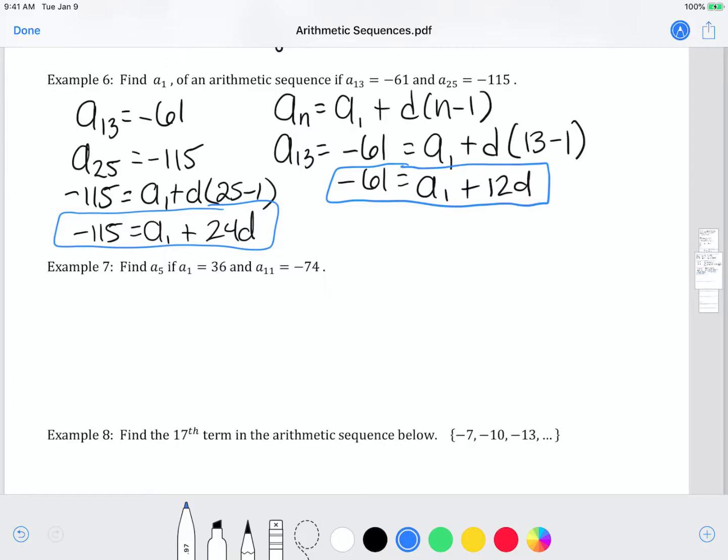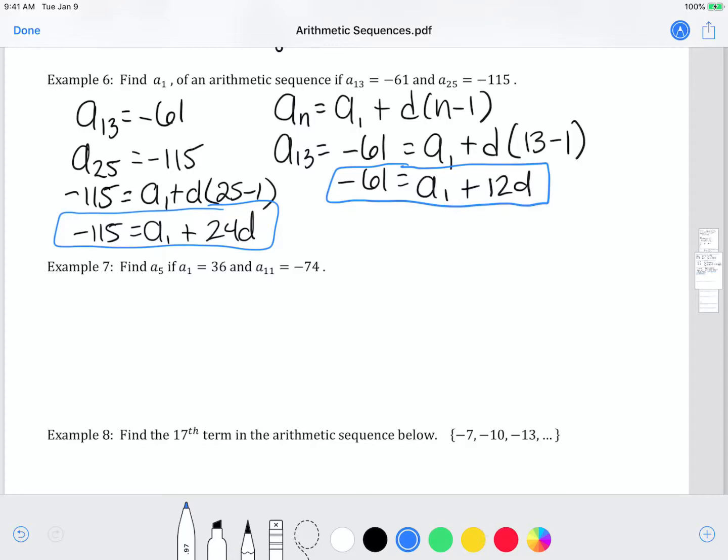So I can plug this into my calculator to figure out what A1 and D are by using that program I showed you. You want to make sure that you set up a matrix so that it solves the 2 by 2, and you put in all your values.